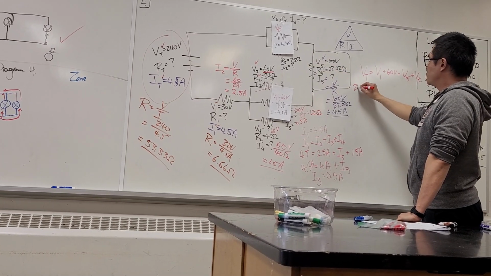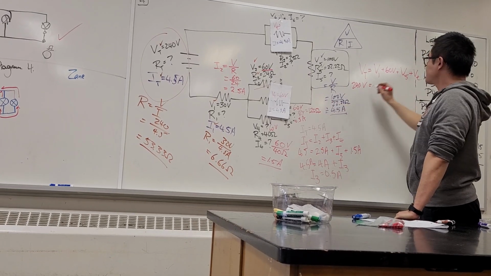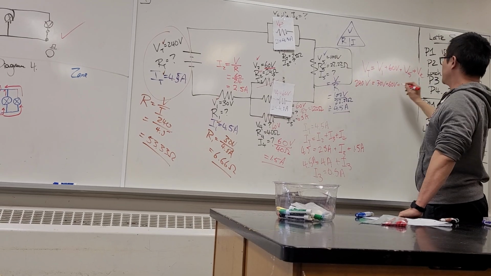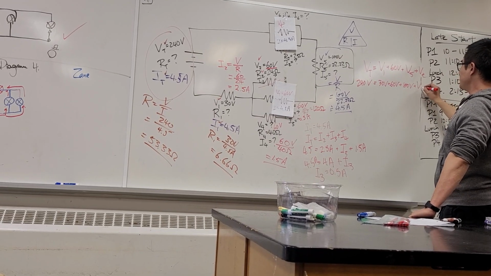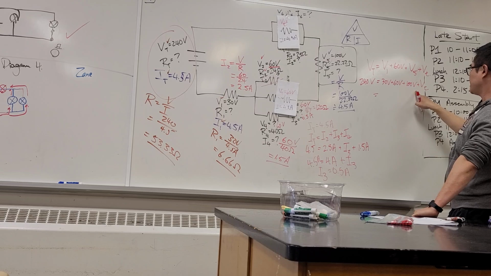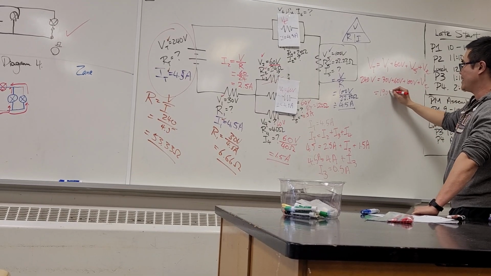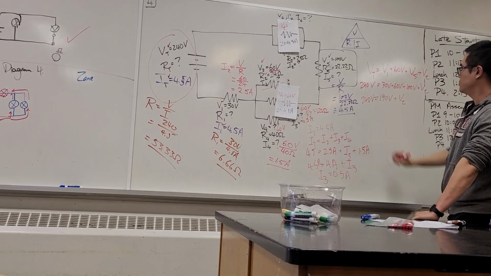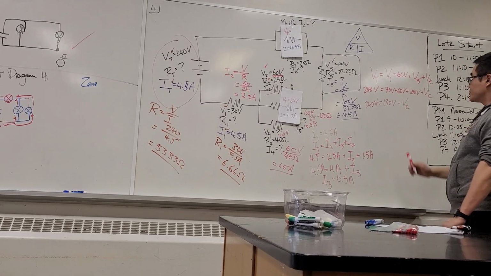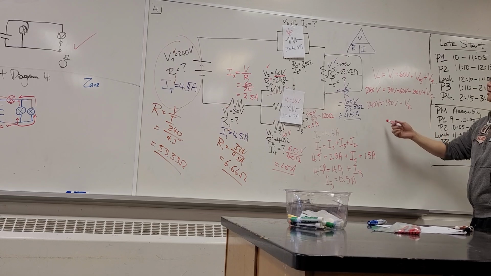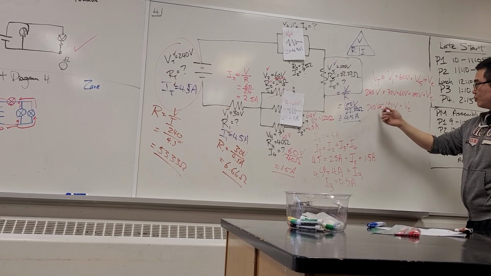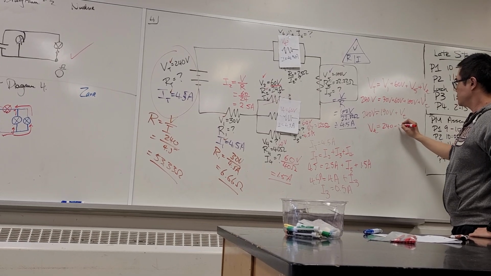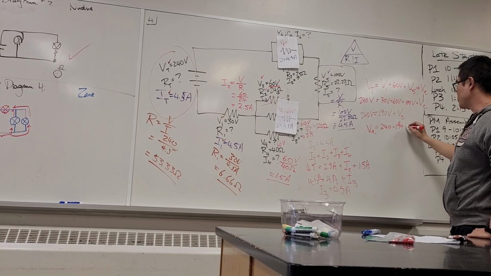V total is 240 volts. V1 is 30 plus 60, plus this one is 100, plus VT. So you add up these three numbers together and you get 190 volts plus VT. You have 240 here. So to find this voltage, you get 240 minus 190, sorry.